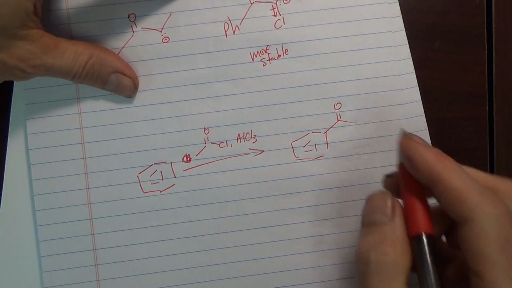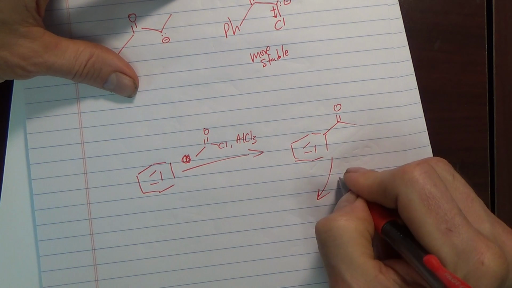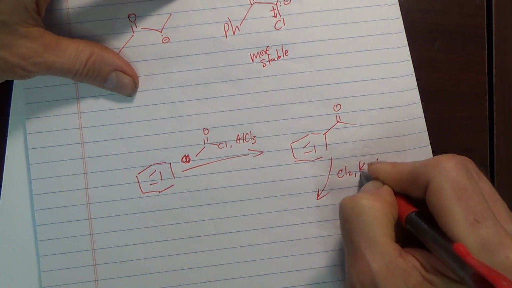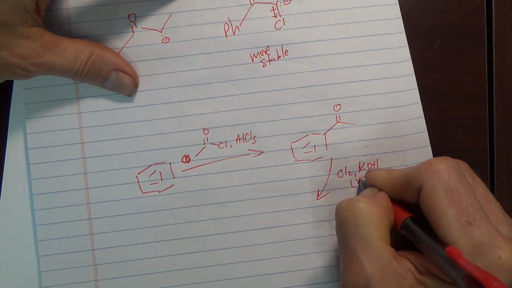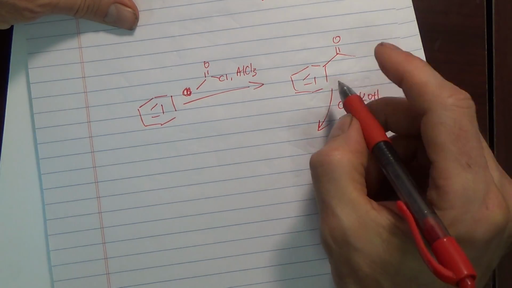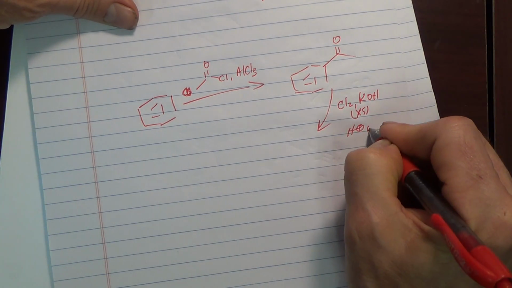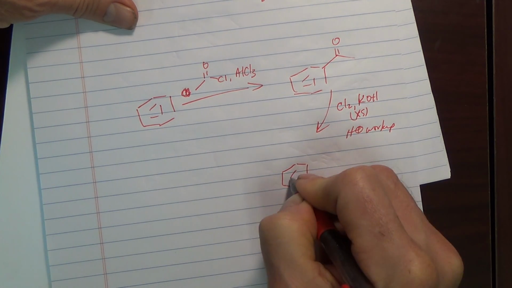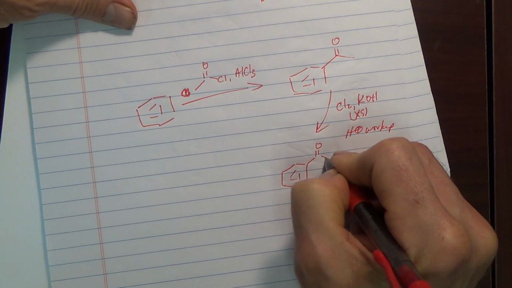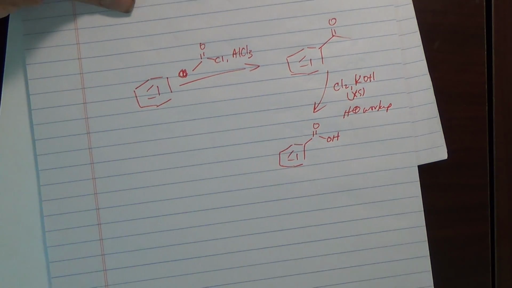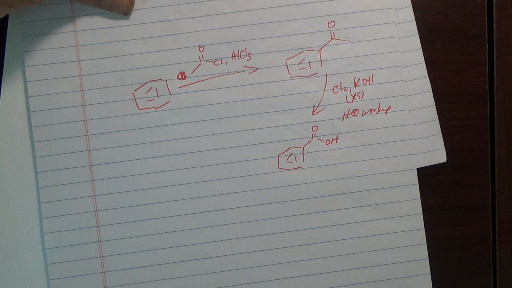But at this point, we can come in here with maybe chlorine and KOH, excess of both. And then with H plus workup, we would expect to get benzoic acid.